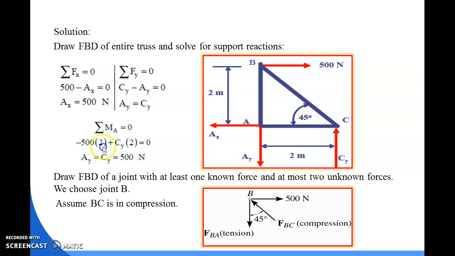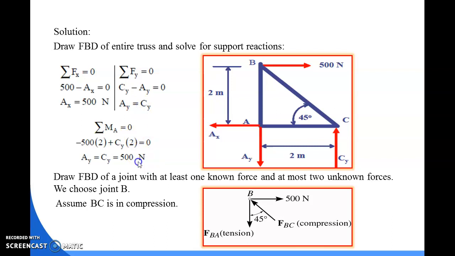By putting the equation here, minus 500 into 2 plus CY into 2 is equal to 0. Hence, we can calculate the value of CY as 500 Newton.